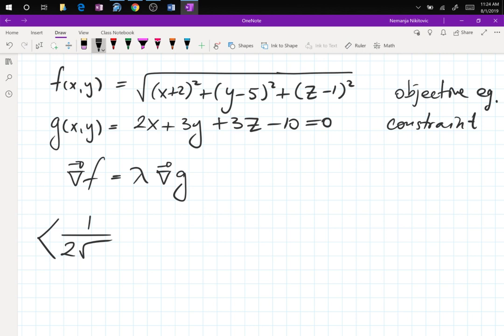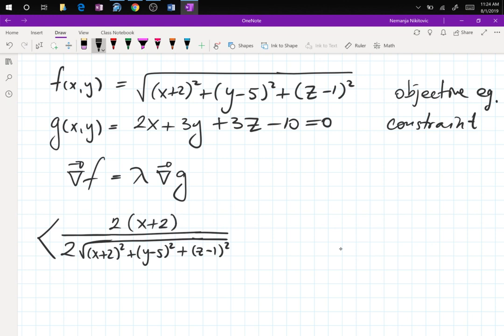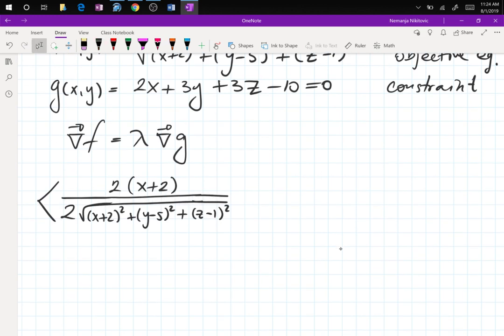But if there is a function under the square root, then the derivative of that function goes on top. So the derivative over here would be the entire square root, the same way it is, and then times the derivative of this, but only for x. So it's 2 times x plus 2 to the first power times derivative of 1.